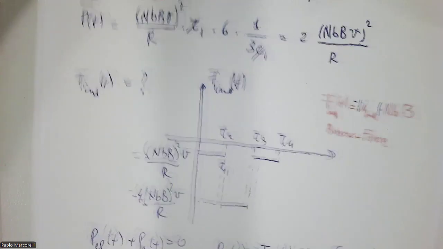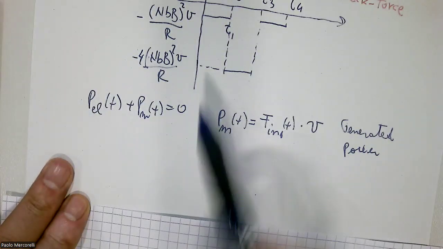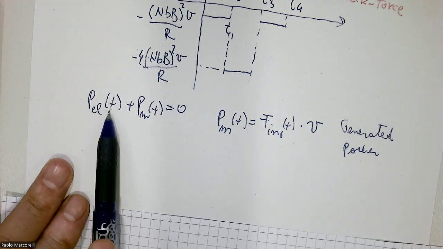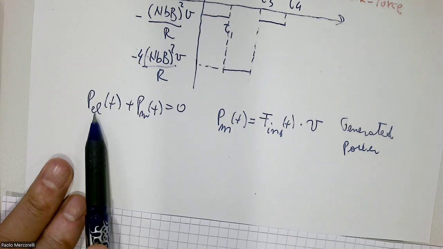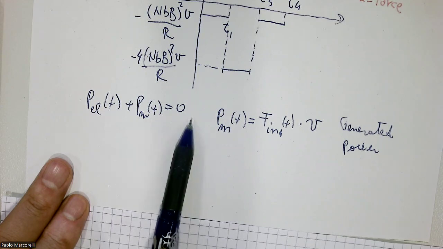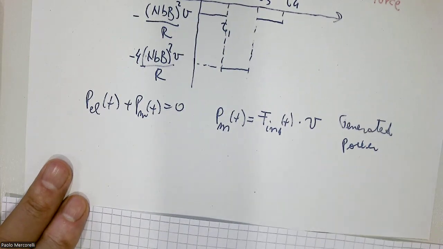But to avoid mistakes, look at this. This also can help to graph the force. Why that? Because the electrical power plus the mechanical power must be zero, because in our system just two energies, or two powers, play a role.